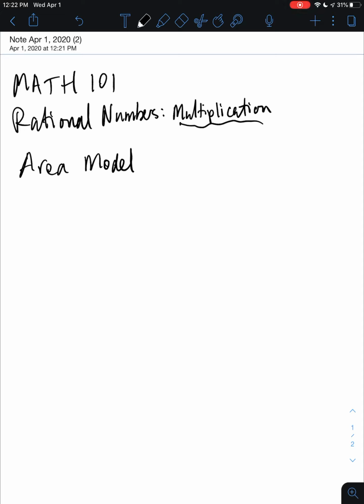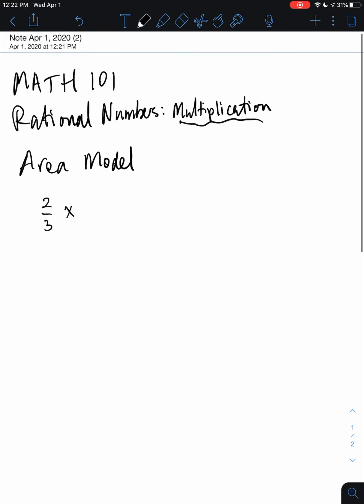So let's take a simple example. We're going to take the fraction 2/3 and multiply it by 1/4. In the area model, which you're familiar with already, what we're going to do is make a 1 by 1 square.